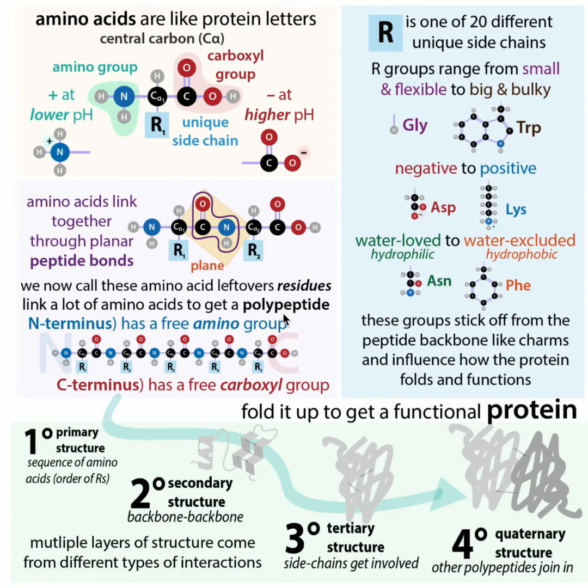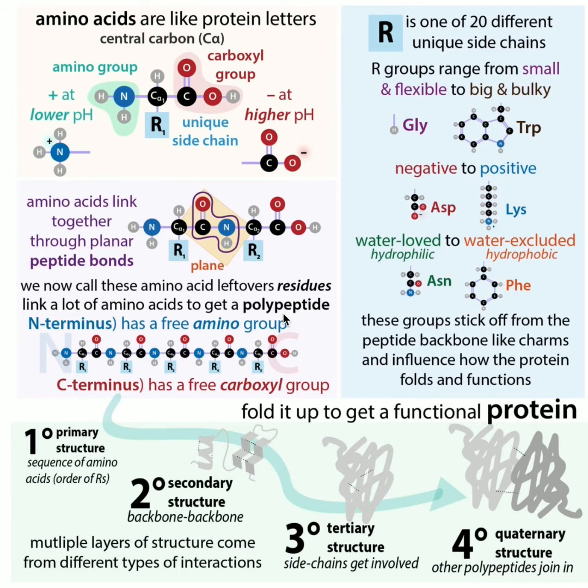Sticking off of the central carbon is a unique part called a side chain. This is really where the cool stuff comes in. There are 20 unique common side chains, and these have different properties, size, charge, etc. That's going to influence how the protein can interact with other things and with other parts of the protein, so how it's going to fold up.